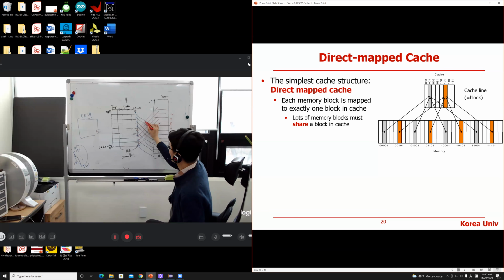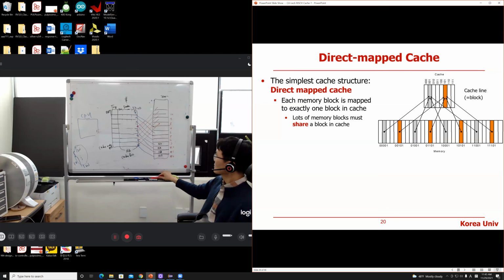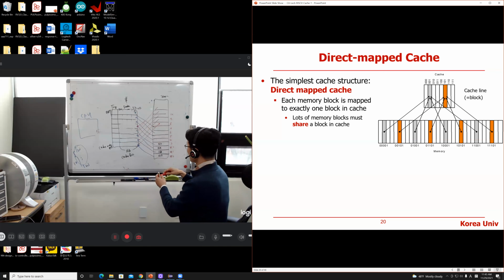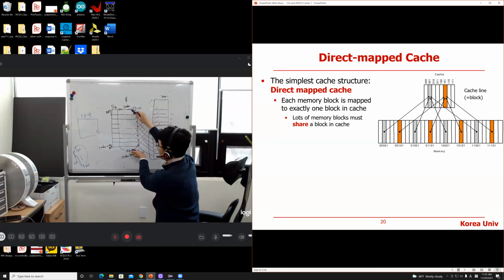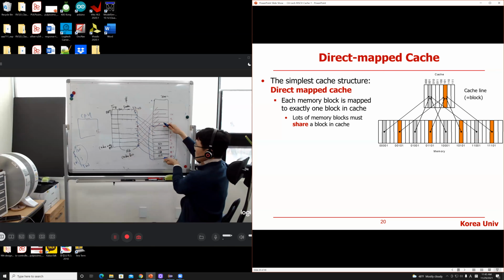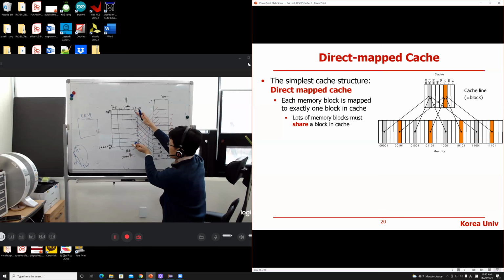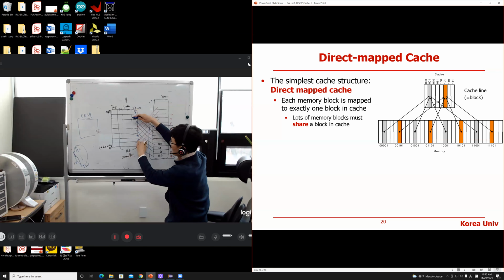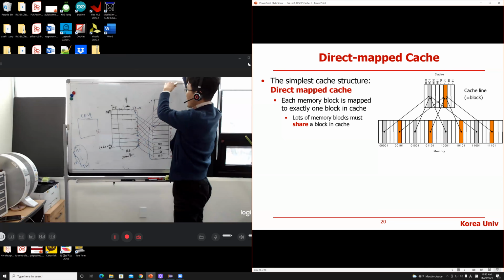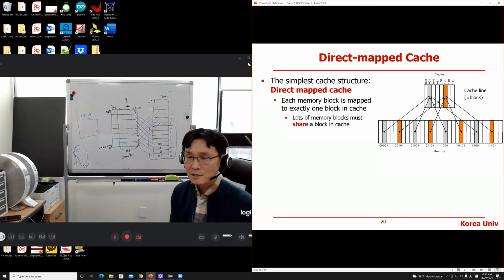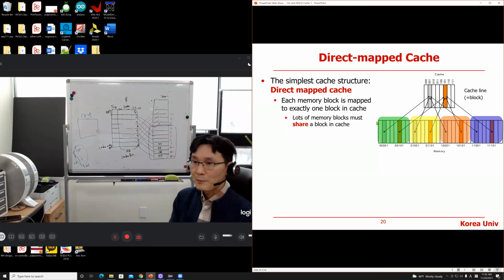The thing is, we have 8 cache lines, so the first 8 memory blocks are mapped to cache, and the second 8 memory blocks are mapped to cache, and so on, right? That is the mapping mechanism.